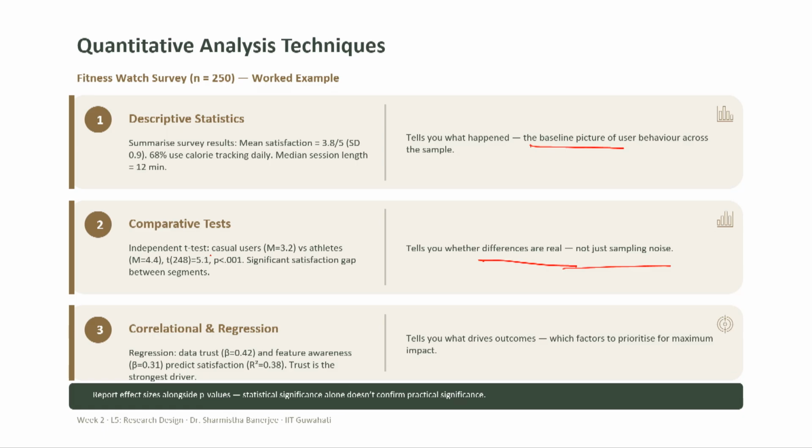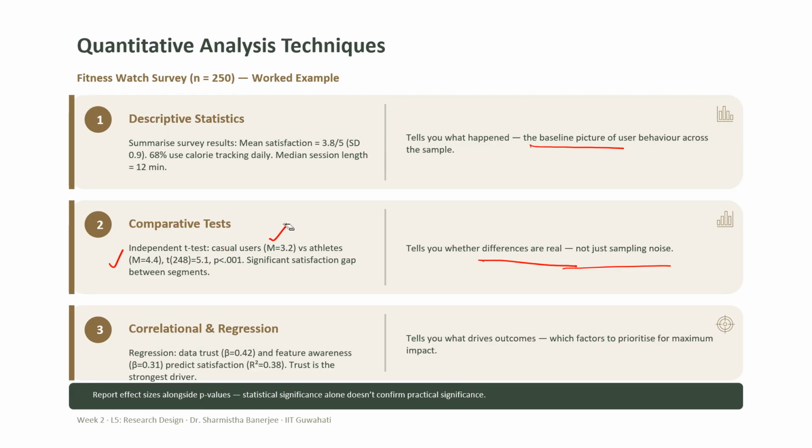However, I identified that the casual users have a mean satisfaction of 3.2, the athletes have 4.4, and the t-test probability value is 0.001. So 0.001 implies that at 99% confidence level, you can say that if somebody is a casual user, their satisfaction is going to be lower than that of the athletes.